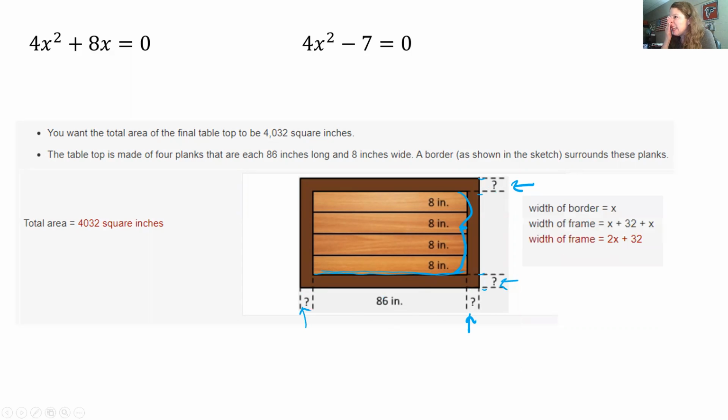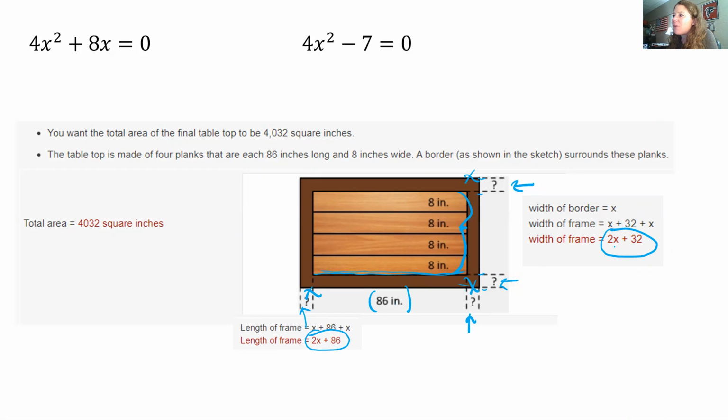So you need to realize that the width of the frame is not just 32, but 32 plus x. This is how we get 2x plus 32. And the length is not just 86 inches, but 86 plus this unknown dimension plus this unknown dimension, which equals 2x plus 86.